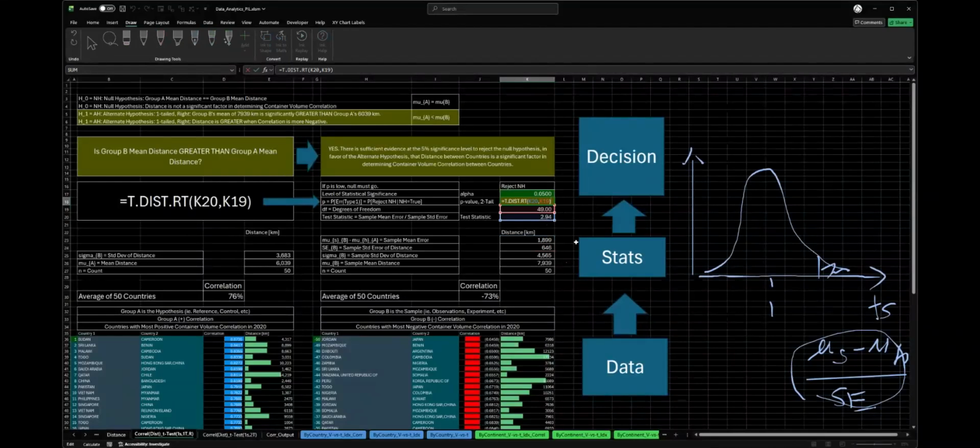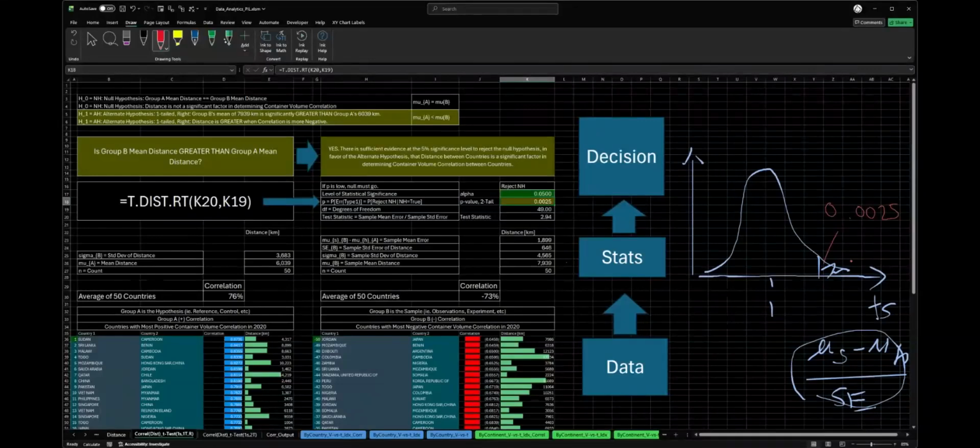The p-value here turns out to be 0.0025. That's here, right? So this is 0.0025. So that's the chance that it's true, but we reject the null hypothesis.